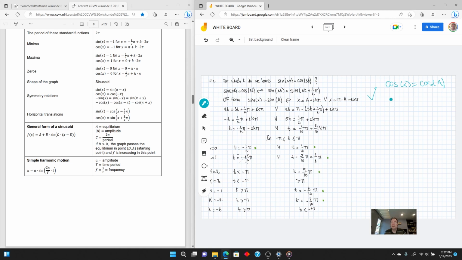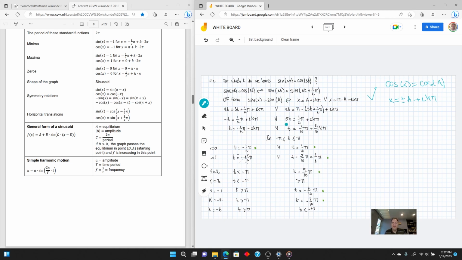That's a little bit simpler. It's just x is plus or minus a plus 2k pi. These two you have to remember. Now just plug it in. It means 2t is 3t plus pi over 2 for the capital A here. Plug it in.